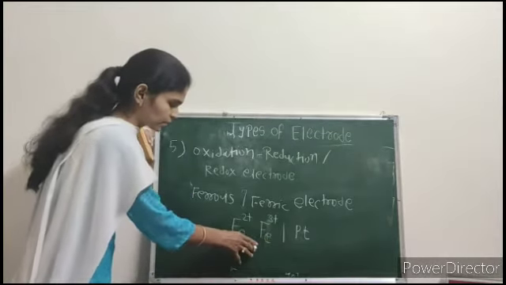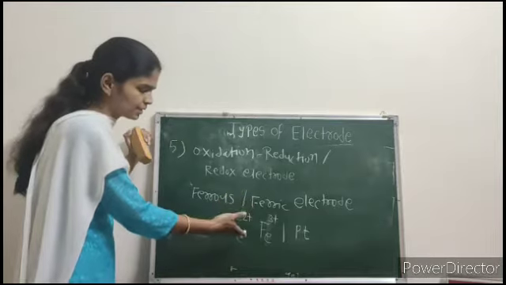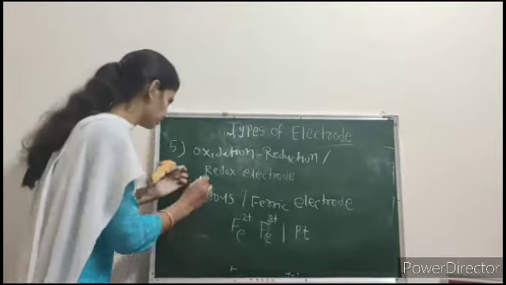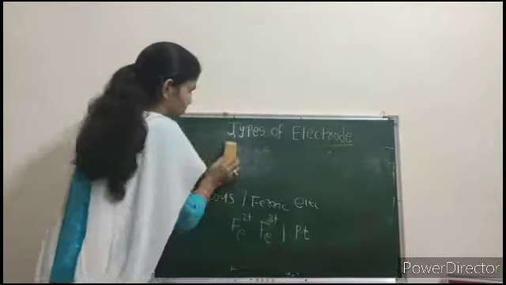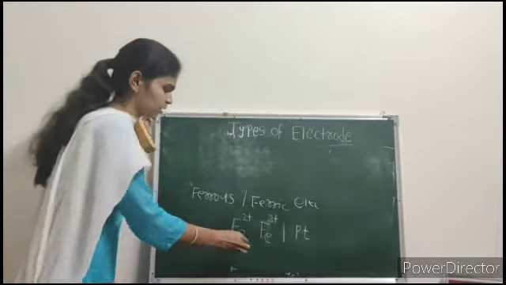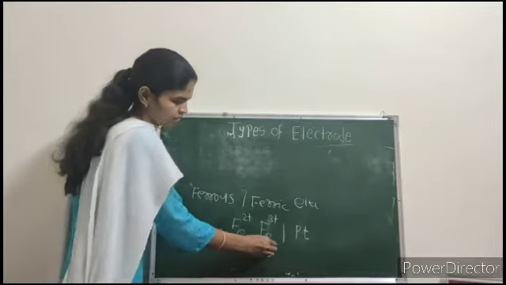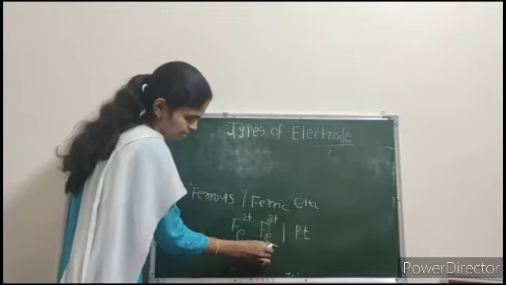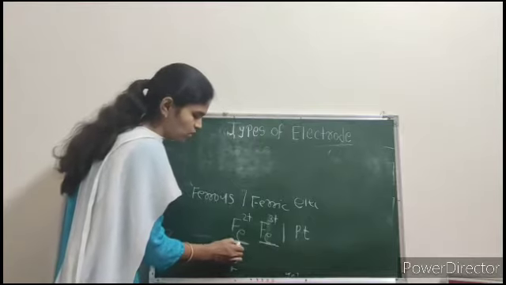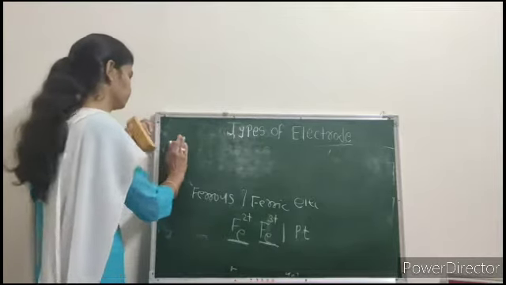In this type of electrode, oxidation and reduction take place. For example, Fe3 plus undergoes reduction, and Fe2 plus undergoes oxidation.